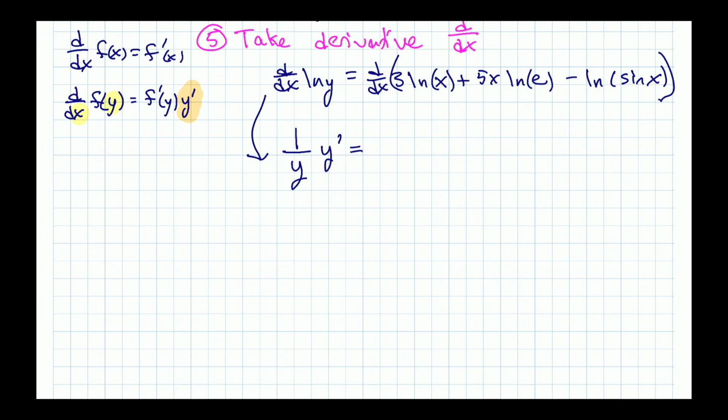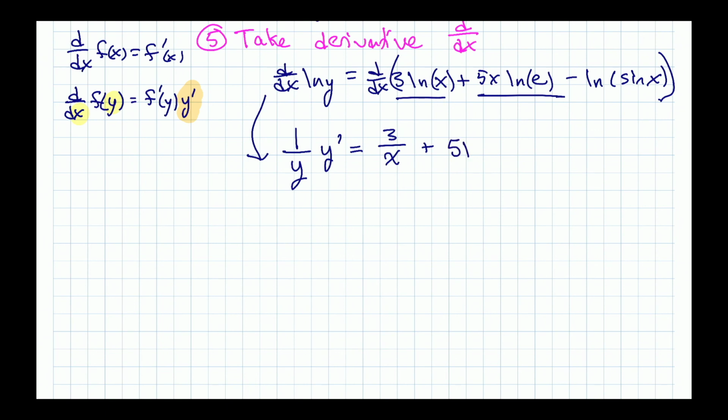On the other side of the equation, now we just take the derivative. So our first thing is 3 ln x. So the derivative there is going to be 3 over x, right? 3 times 1 over x. Our next term is 5x ln e. Ln e is just a number, right? So what's the derivative of 5x? It's just 5.